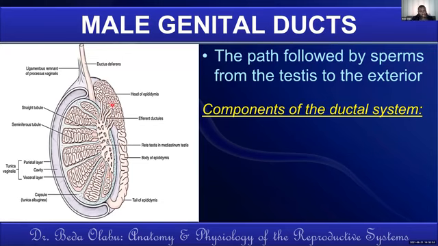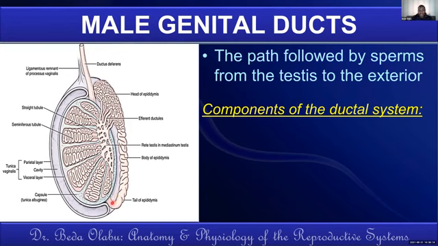So this is the epididymis. Actually, the efferent ductules form the head of the epididymis. Then from the head of the epididymis, there's one long duct that is highly convoluted. We call it the duct of the epididymis. But to keep it simple, the whole of that is the epididymis.